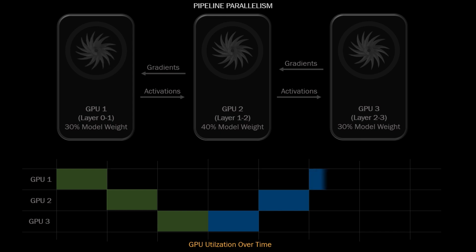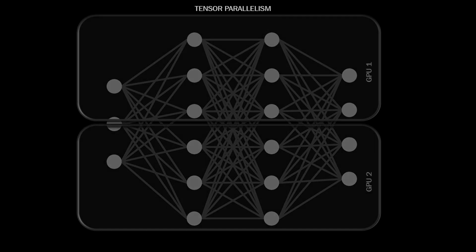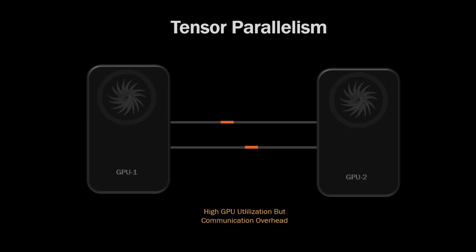Some techniques improve this, but overall, pipeline parallelism still results in underutilized GPUs.